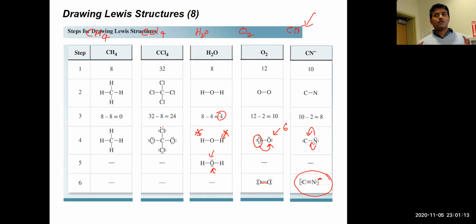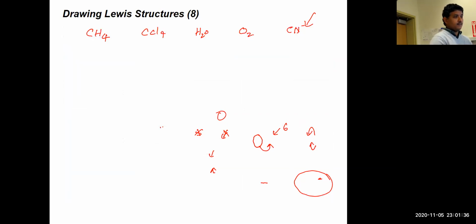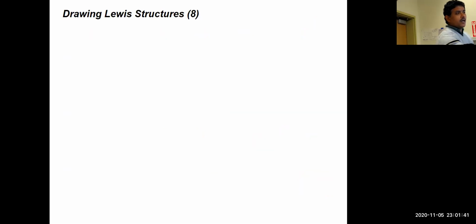You kind of have to get used to knowing when to choose these period 3, 4, 5 elements like chlorine, bromine, iodine, phosphorus, sulfur to be your central atom. Most of the times you have to do that when you have these chlorates. Not many.